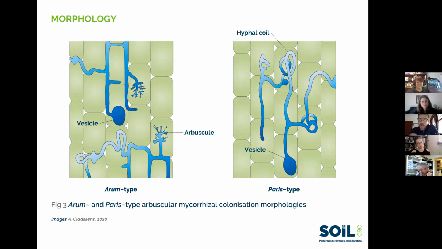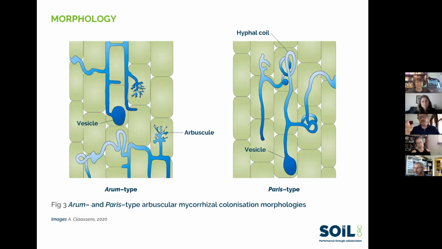But just as common, if not more common in our agricultural systems, mycorrhizal symbiosis can take this other form, the Paris type. In the Paris type, the fungus coils itself inside the root cells to create a similar broad surface area. And it's across that interface that nutrients are exchanged.